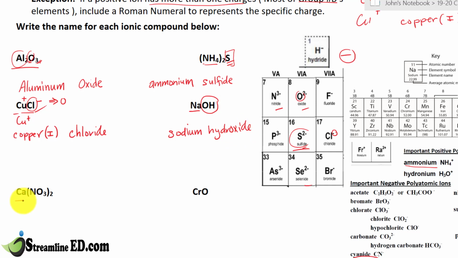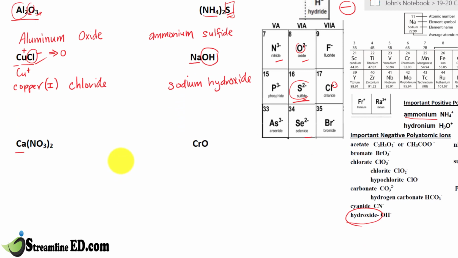Here we have Ca, and we all know that Ca is in group 2A. And Ca is calcium. And if you don't know that calcium is in group 2A, look at your periodic table. What about NO3? NO3 is your polyatomic ion that's grouped by the parentheses right there, which in this case we know is a nitrate. So we have calcium nitrate. And notice how this 2 doesn't have any impact on the name.